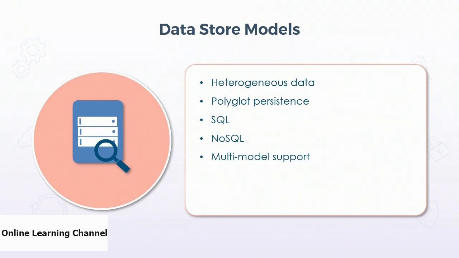A lot of times something like a relational database may also support key value or graph storage. So a relational database is SQL, but in some cases they may support NoSQL or key value databases or even something like graph storage.